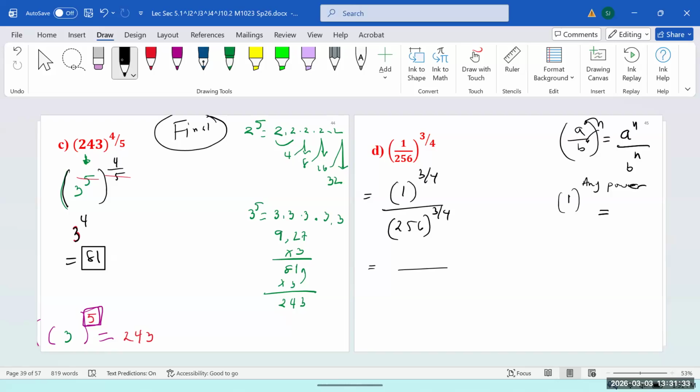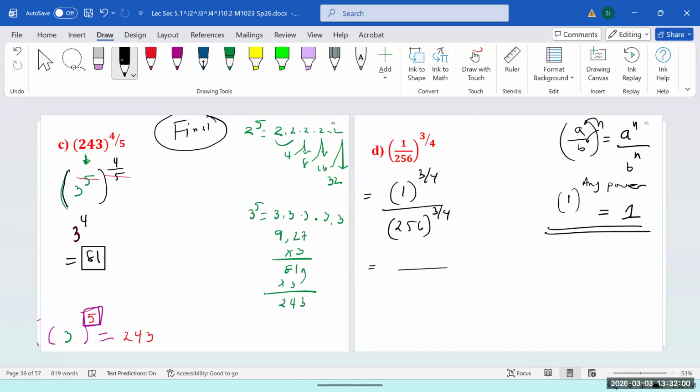What is 1 to the 0 power? 1. 1 to anything, positive, negative, fraction, whole number, radical. 1 with any power is always 1. You're going to see this in the exam, okay? I'll give you 1 to the 100, 1 to the negative fraction, 1 to the decimal, 1 to anything. The answer is always 1.